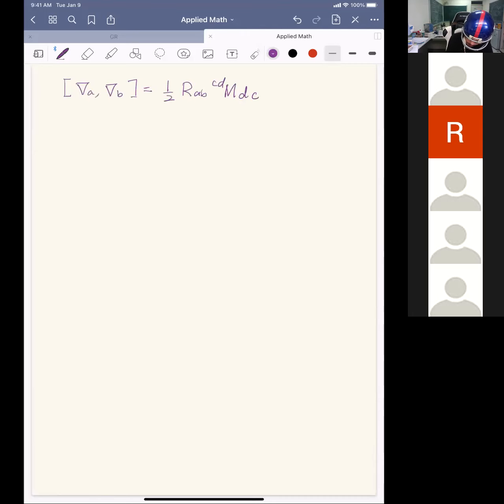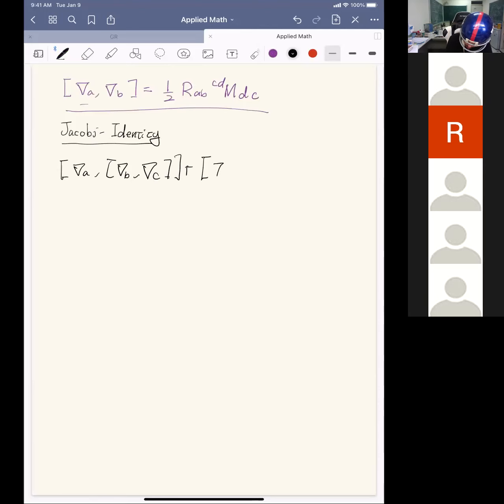Okay. Therefore, you have this condition, and since R^{AB}_{CD} is defined from the covariant derivative, I think I mentioned this in class, we know from the Jacobi identity that [δ_A, [δ_B, δ_C]] plus the cyclic images is 0.